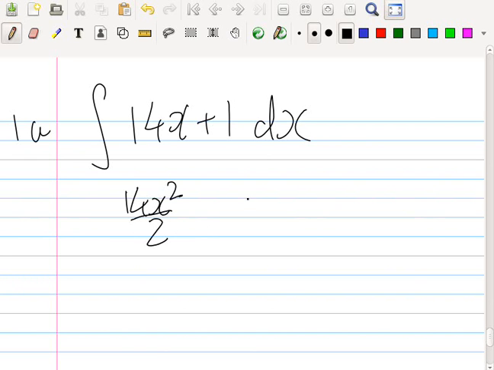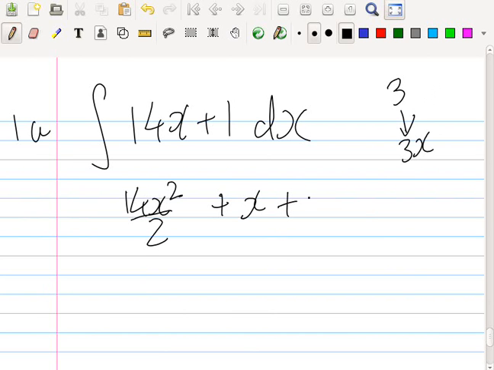Now this one might be a little tricky. What do you think the antiderivative of 1 is? X. It's x, yeah. It's the opposite of the other rule. What's the derivative of x? It's 1. So the antiderivative of 1 is x. Or in other words, if you just have a number, its antiderivative is that number times x, and that's really it.